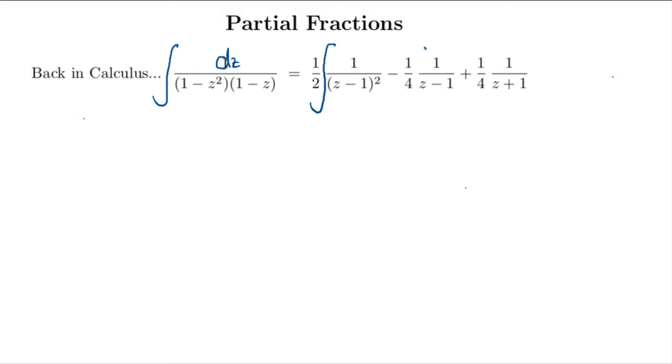So once we have partial fractions, we can try to integrate each summand over here, and if we can do that, then we can put those integrals back together as a sum, and then we have an integral of our original function, and that's exactly what happened.